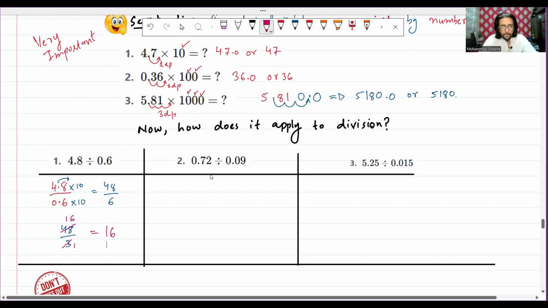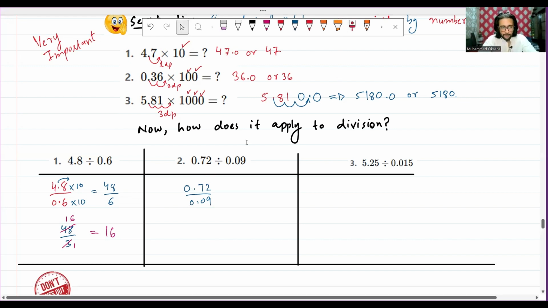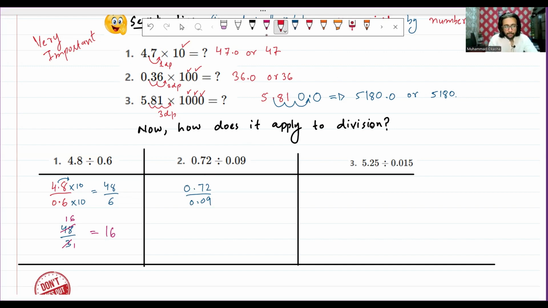Okay, right. 0.72 divided by 0.09. How do we deal with this? Well, first of all, I'll write it in the division form, 0.72 divided by 0.09. Now, if you notice, I have numbers with 2 decimal places after the decimal. So I'll multiply the top and the bottom by 100, a multiple of 10 that has 2 zeros.